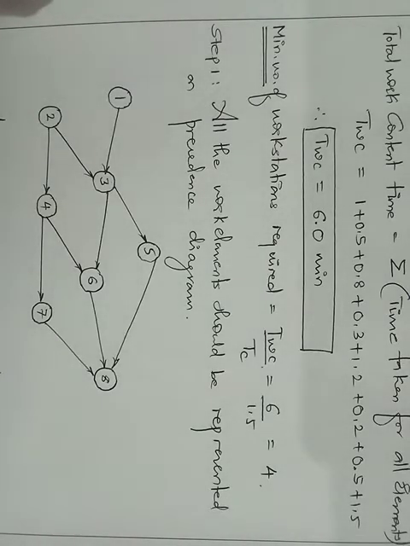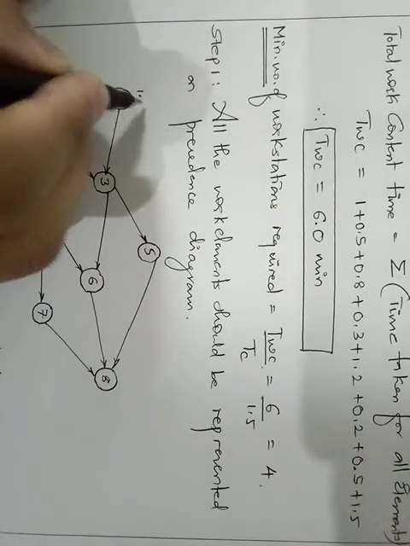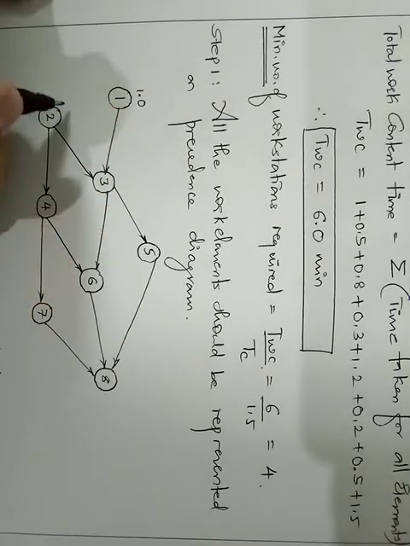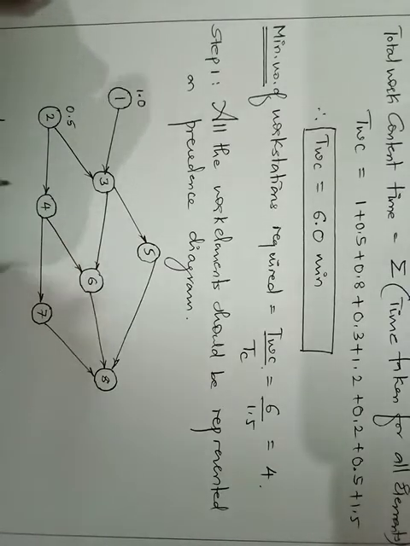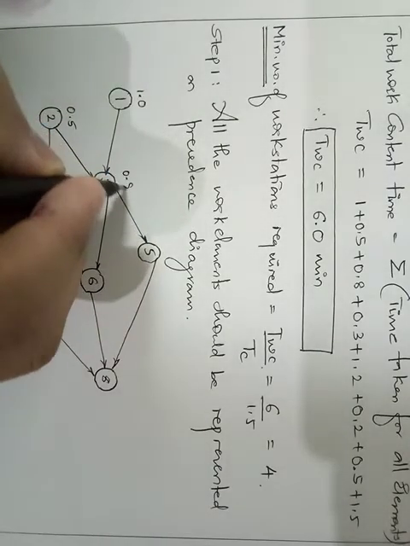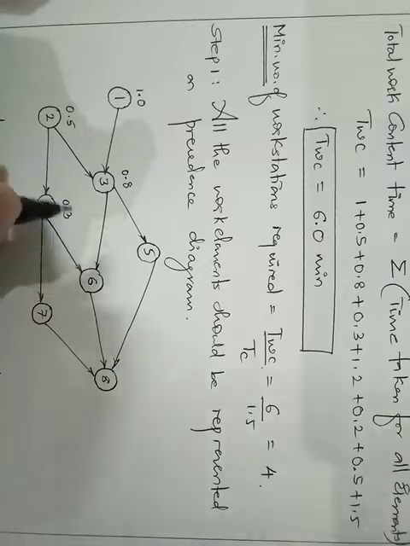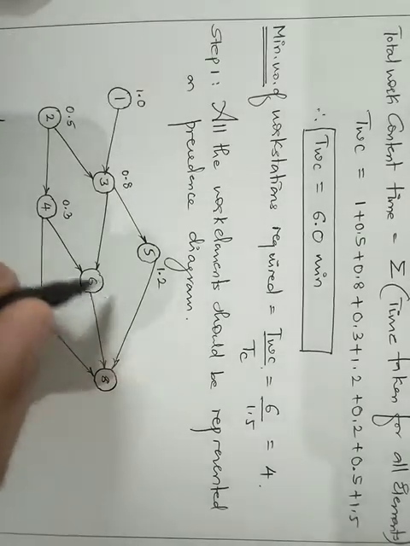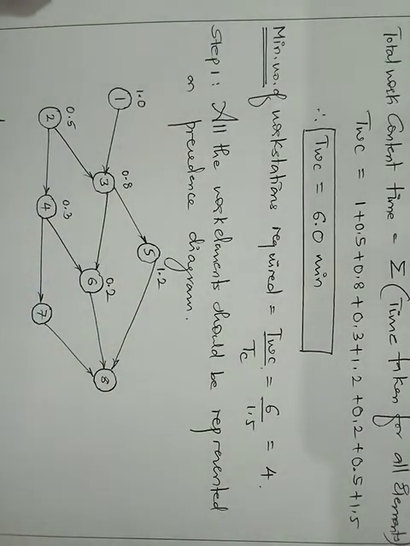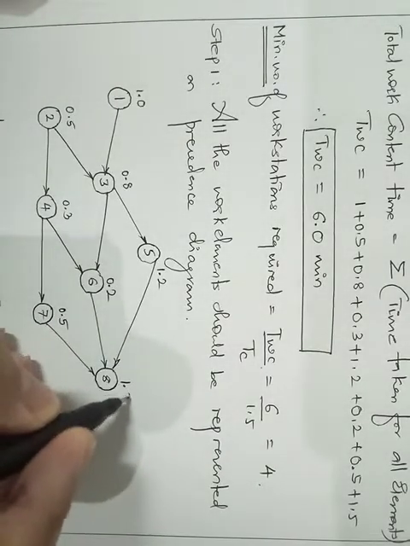If you observe from the table given in the problem, the work element time for element number 1 is 1.0, for 2 it is 0.5, for 3 it is 0.8, for 4 it is 0.3, for 5 it is 1.2, for 6 it is 0.2, for 7 it is 0.5, and for 8 it is 1.5.